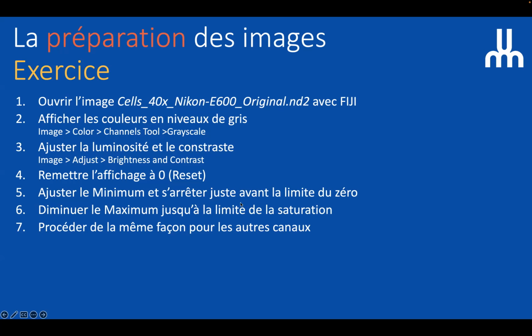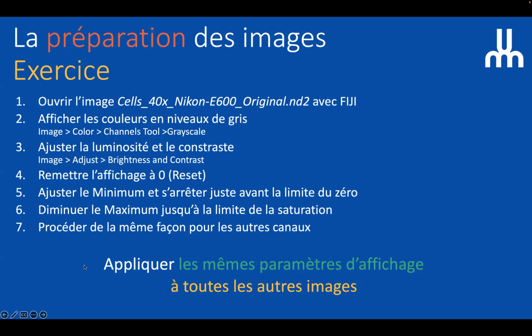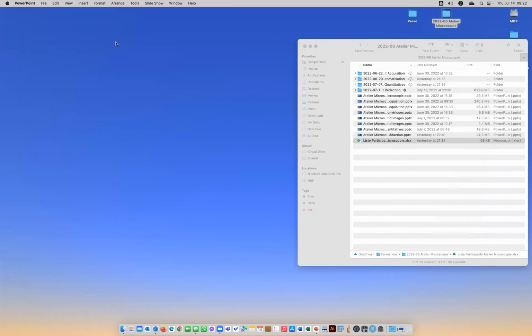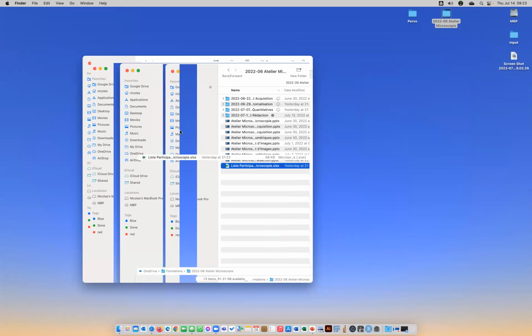I will show you how to adjust it manually, and then proceed the same way for the other channels. Then the most important thing is to apply the same parameters to all the other images that belong to this data set. So I'm going to stop the presentation now and move to sharing my screen.